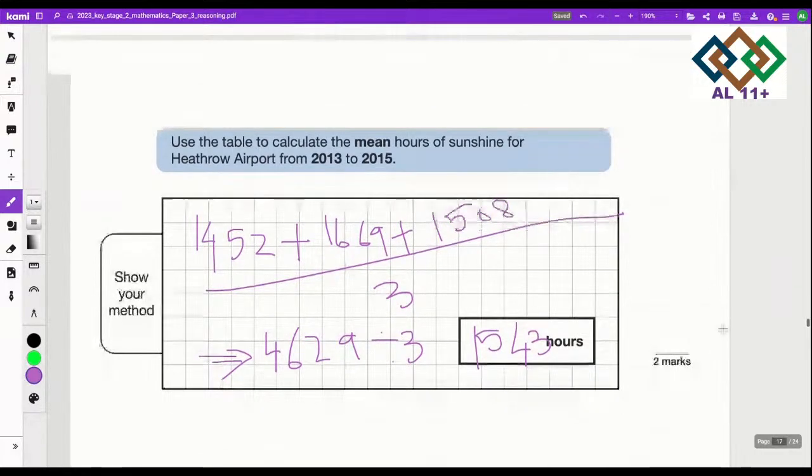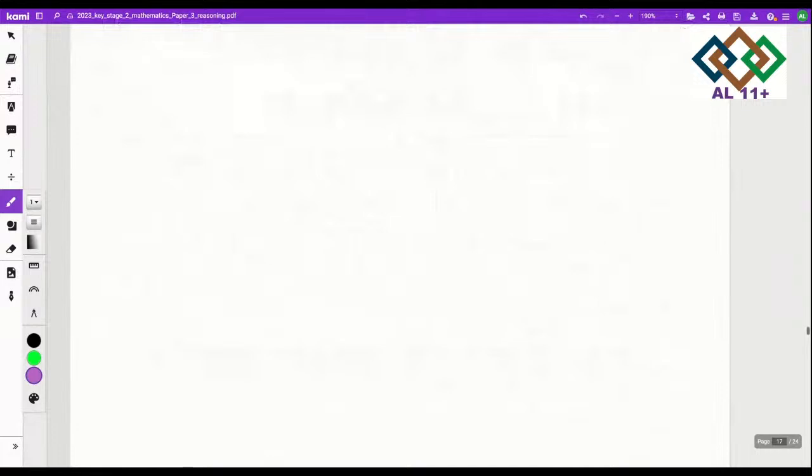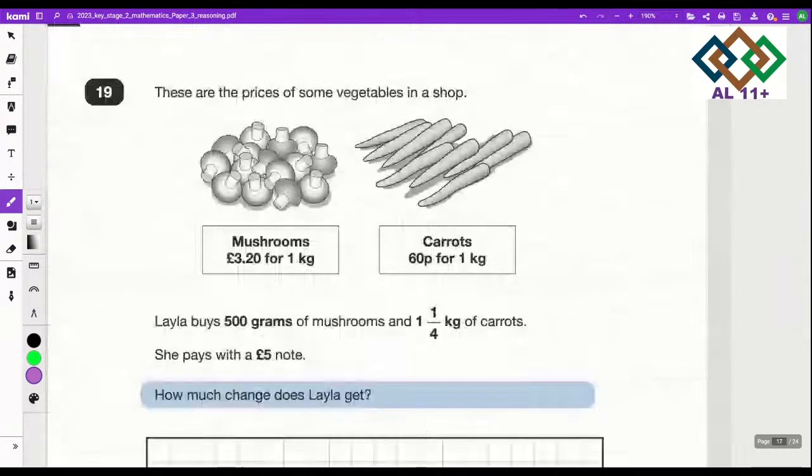So now we are on number 19. These are the prices of some vegetables in a shop.